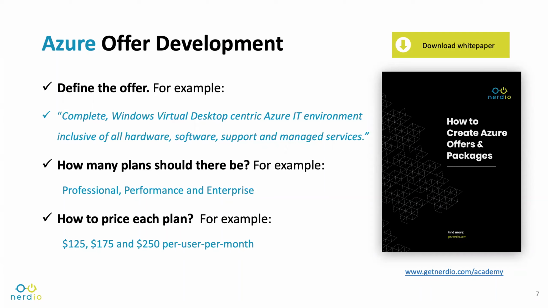So I'll just give you an example. Let's say professional is good for smaller organizations that have very basic compute needs, whereas enterprise may be more appropriate for larger organizations that have very stringent data security, data protection, backup and DR requirements. And performance is somewhere in between those two, right?